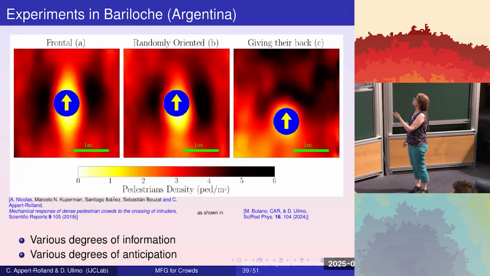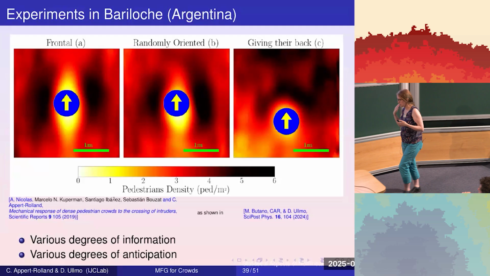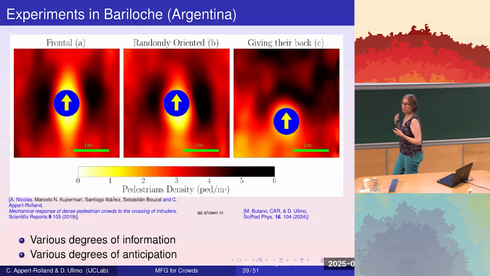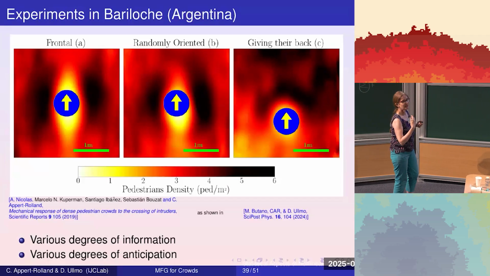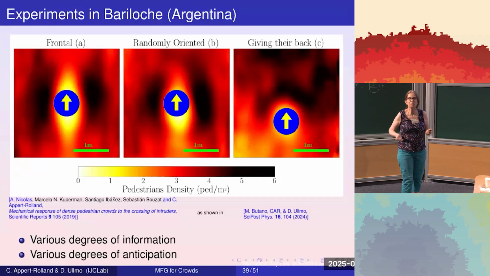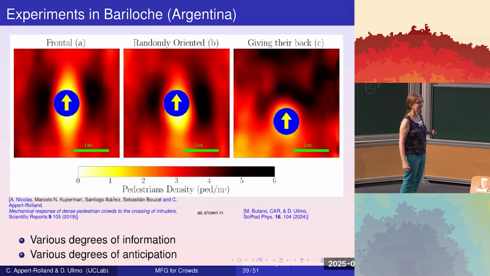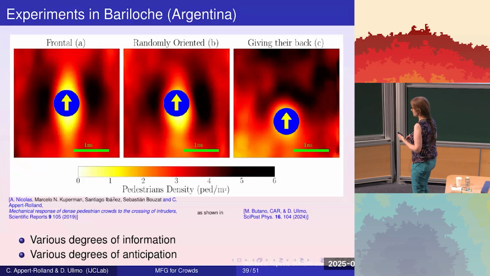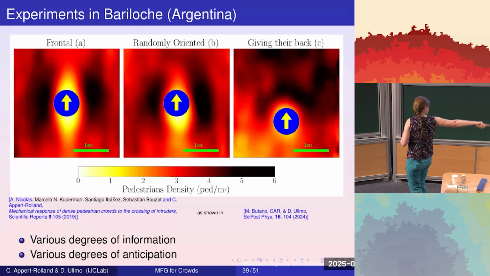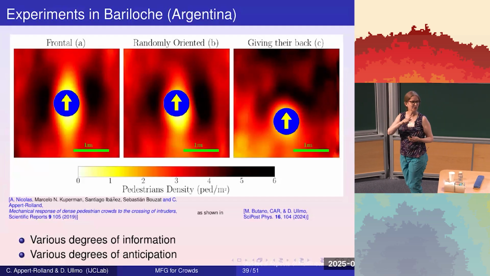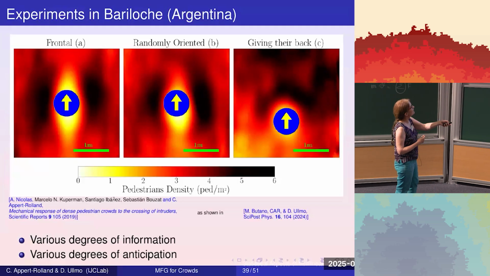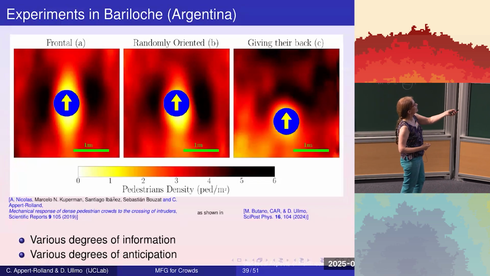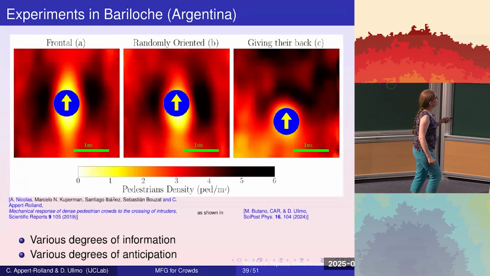And then they also tried, because there was this thing of anticipation, telling people not to anticipate. But it seemed that when you see the cylinder, people can't help anticipating. So they asked them to show their back to the cylinder, so the cylinder was coming from behind, and not to anticipate. And in this case, you can recover the granular case with the highest density in front.